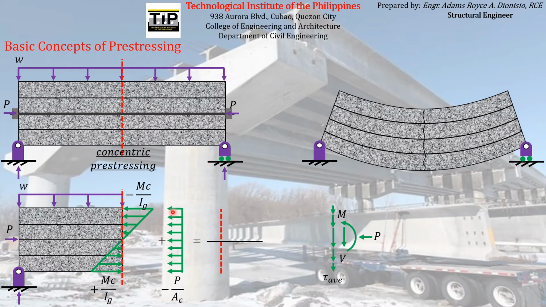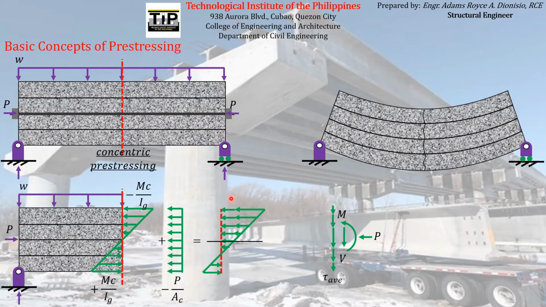Since this and this have the same direction, they are both compressive stresses, they will just be added. But on the portion below the neutral axis, if we add this diagram to this diagram, they will actually be subtracted from each other, resulting in this figure or diagram.